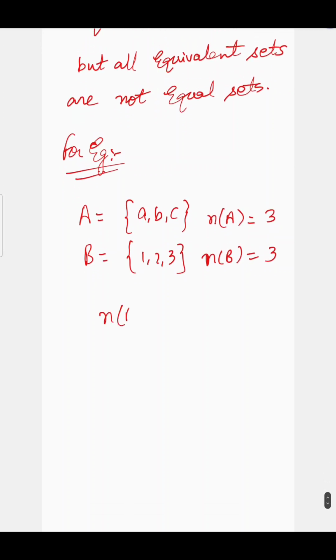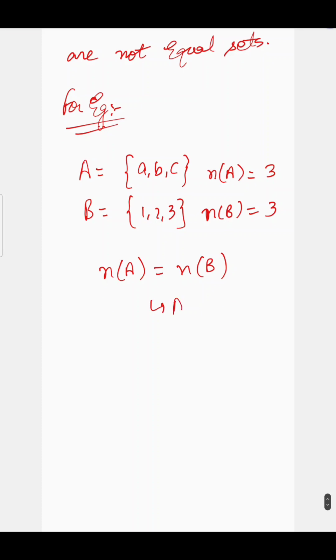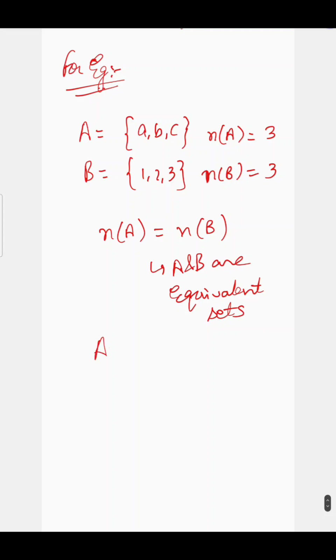That means n of A is equal to n of B. So A and B are equivalent sets. But are they equal? No. A is not equal to B. They are not equal sets, but they are equivalent sets as their cardinal numbers are the same. Okay, I hope that you have got this point.